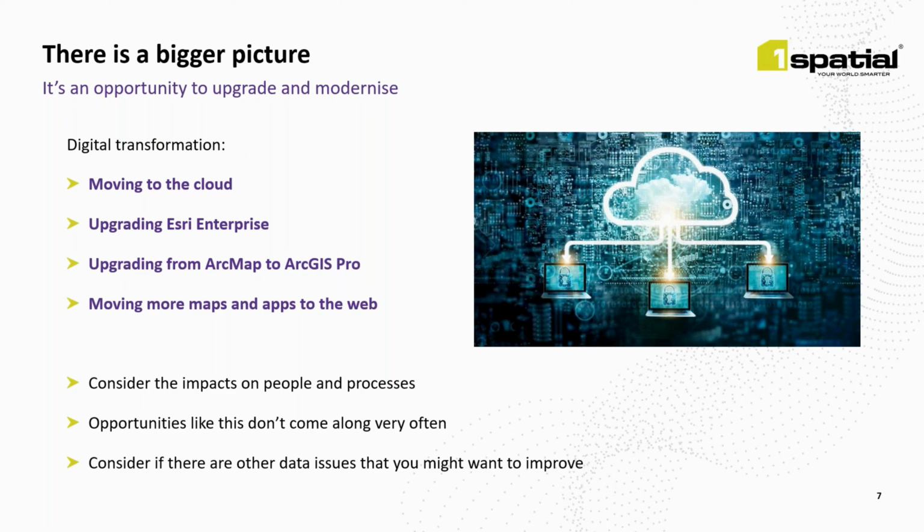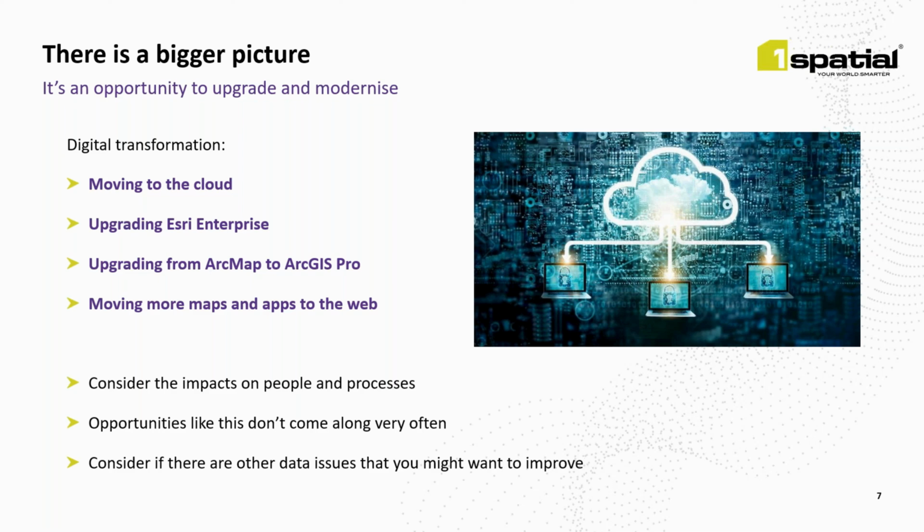It's very likely that at the point of migrating to the utility network you'll also be upgrading your Esri stack, your Esri Enterprise, possibly the underlying databases. So it might be a case of upgrading more than one piece of software.